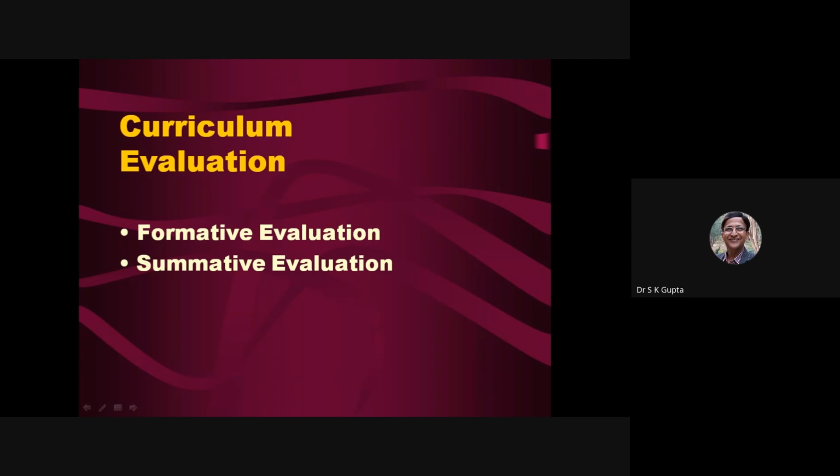Was anything wrong with the need analysis stage? Was anything wrong in the curriculum design stage or in the curriculum implementation stage? So that is our end-term curriculum evaluation. So, my dear friends, these are the 4 stages of curriculum development. We will be discussing all these stages one by one in these 5 days, along with other topics, other sessions.